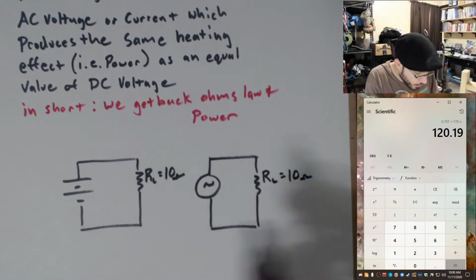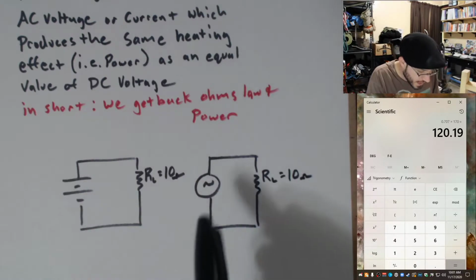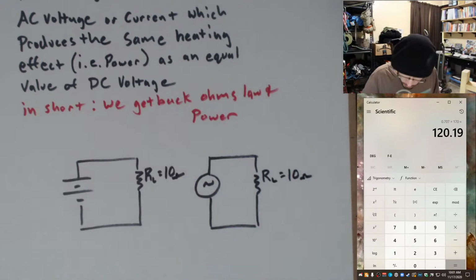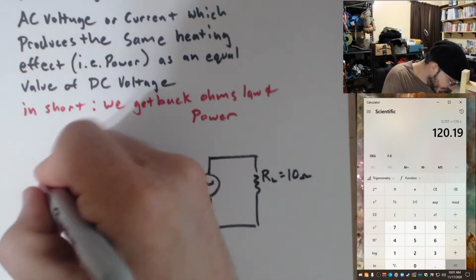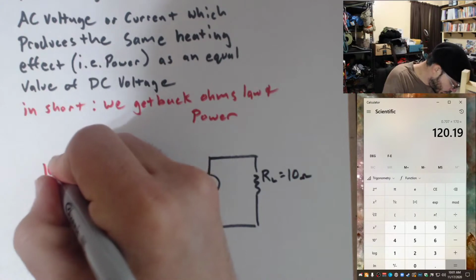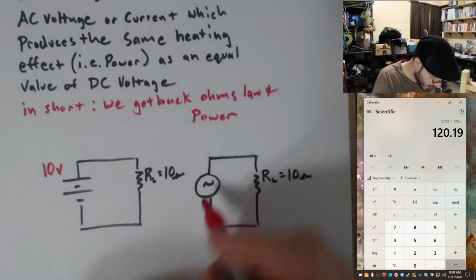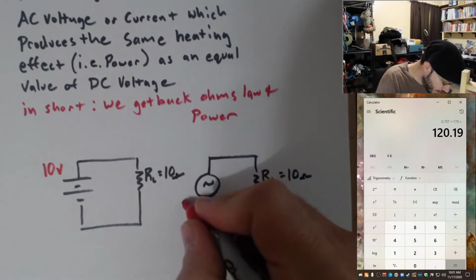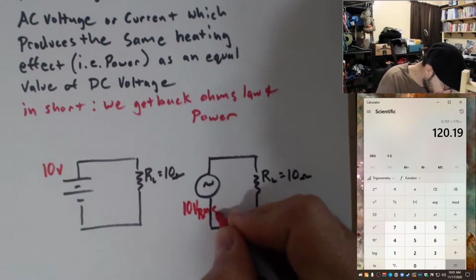So the same load resistor in both of these circuits, except one of them has a DC voltage source and the other one has an AC voltage source. And this one over here we're going to say is 10 volts. Where this one over here we will say it's 10 volts RMS.